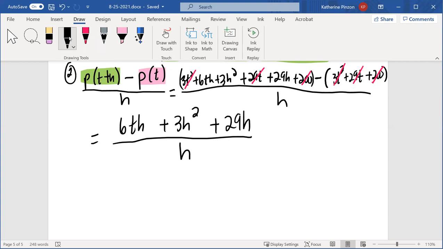Cancel out an h. Yeah, everybody has an h in it. So I'm going to take one h from every term. So I get 6t plus 3h plus 29.